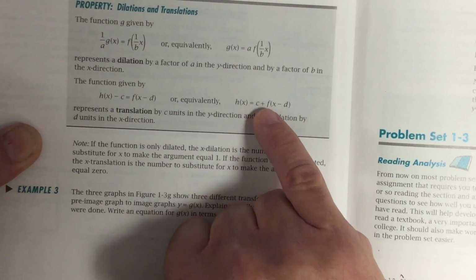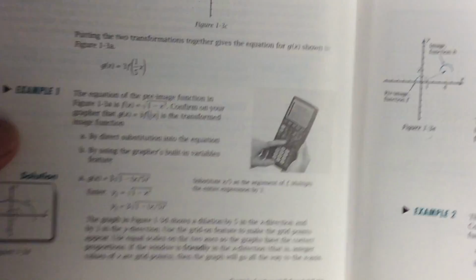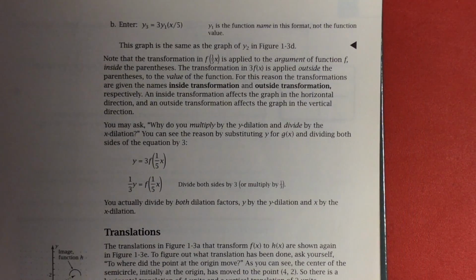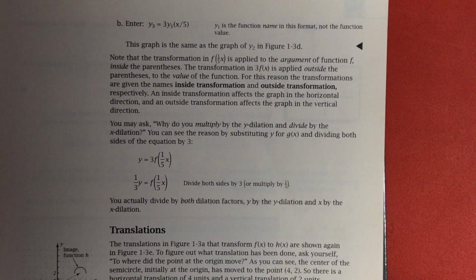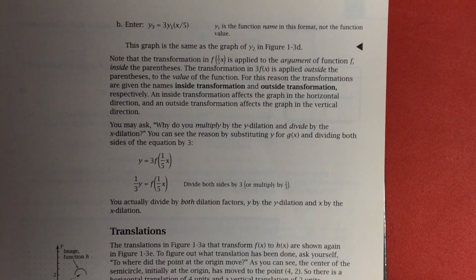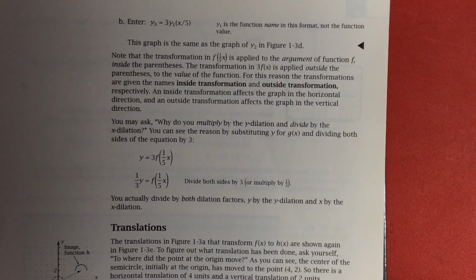Notice that we're adding this one, we're subtracting this one. Just again, in terms of vocabulary, if you're affecting the argument, that's an inside transformation. And if you're affecting the entire function, that's an outside transformation.